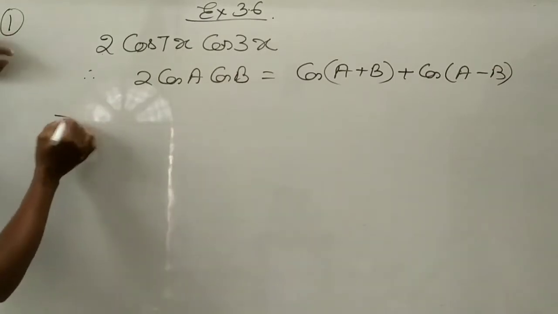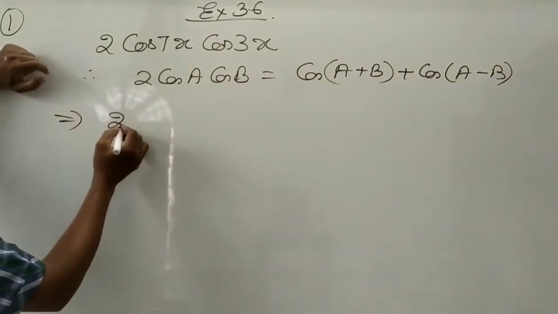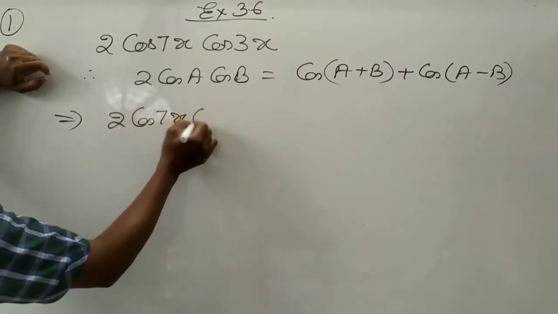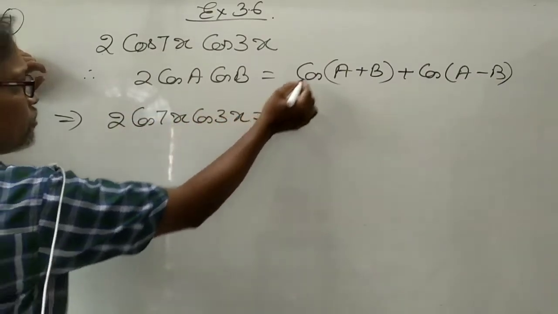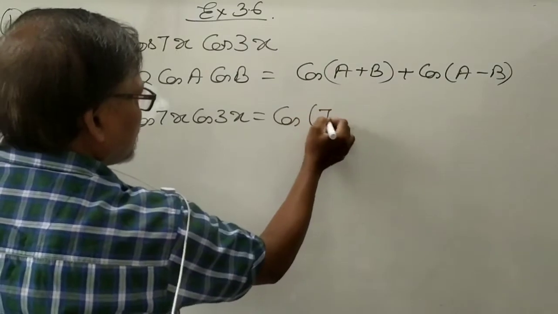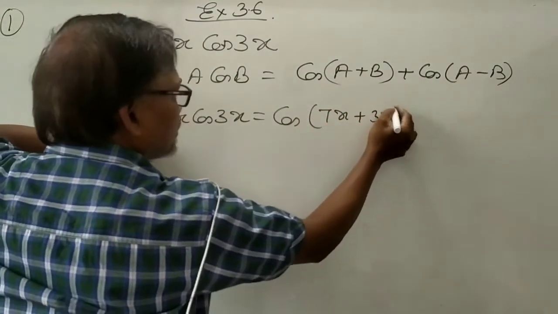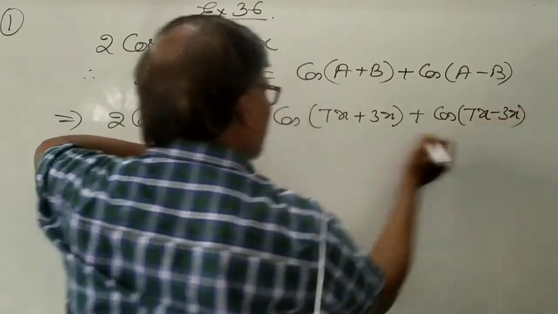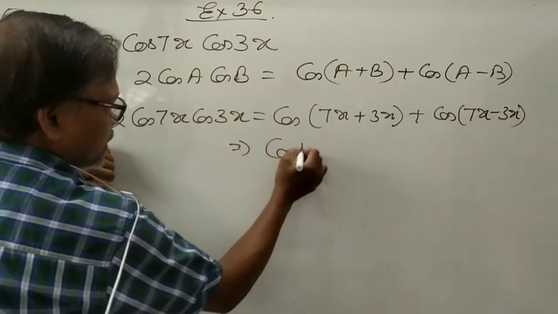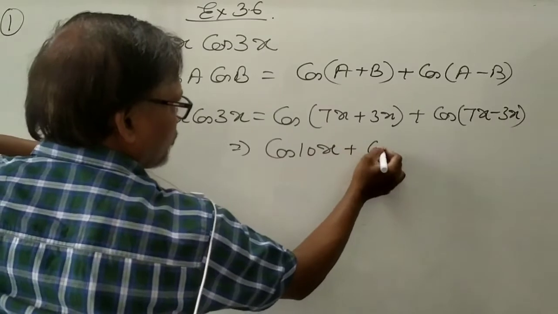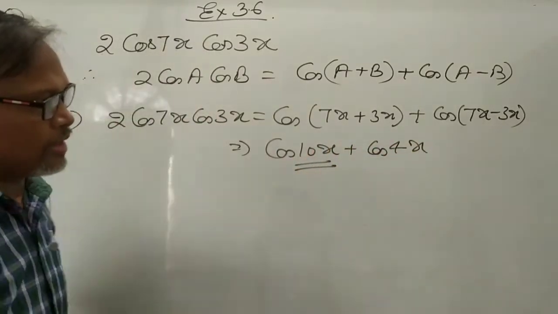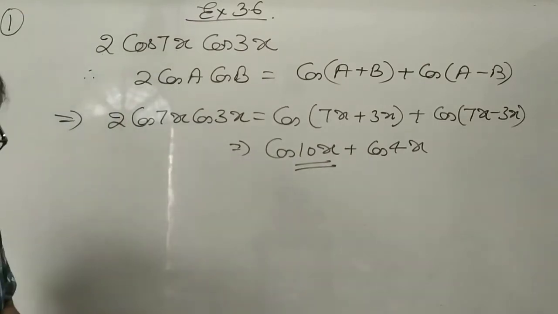So you put the value: 2 cos 7x cos 3x is equal to cos (7x plus 3x) plus cos (7x minus 3x). So it will be cos 10x plus cos 4x. This is the answer, sum of the angles and difference of the angles.